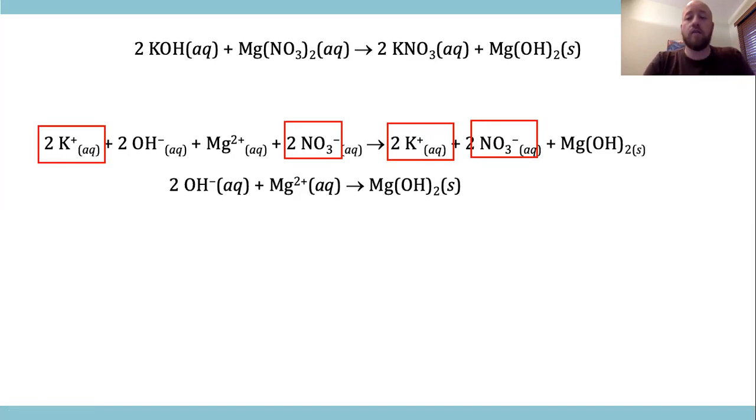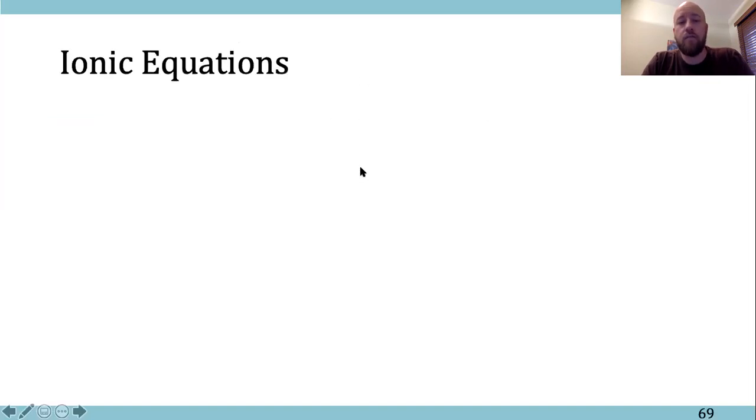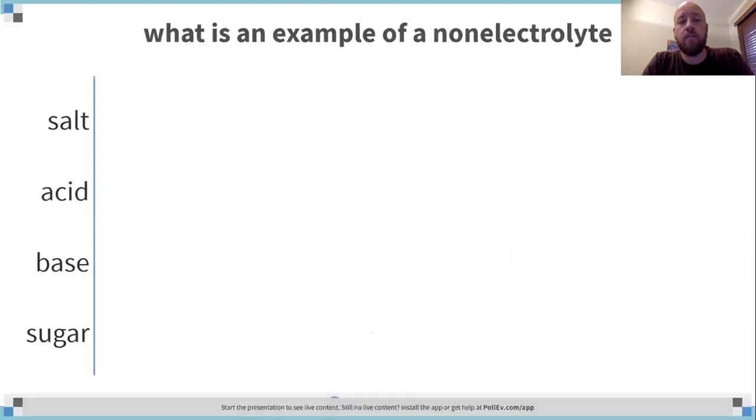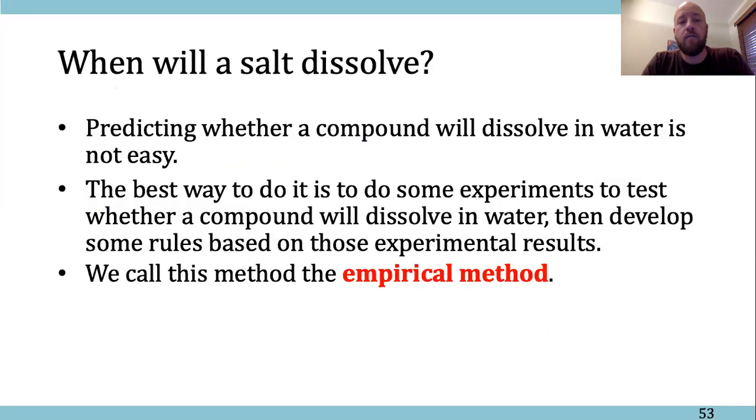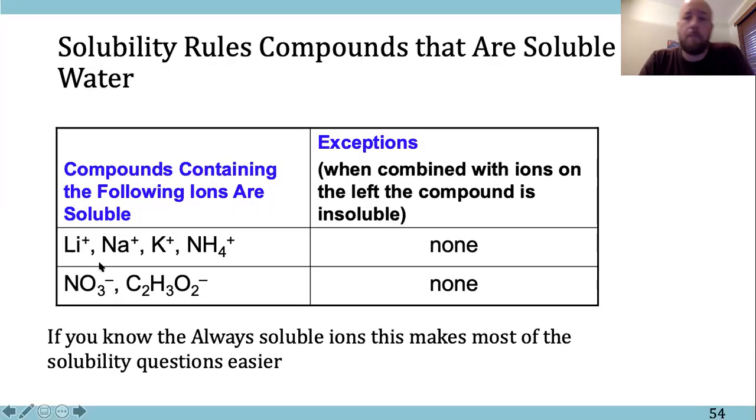Now, here's the key. Those rule number 1 ions, let's go back to those. These ions are always soluble. So that means if we are looking for things that are forming solids, they are not going to be these.